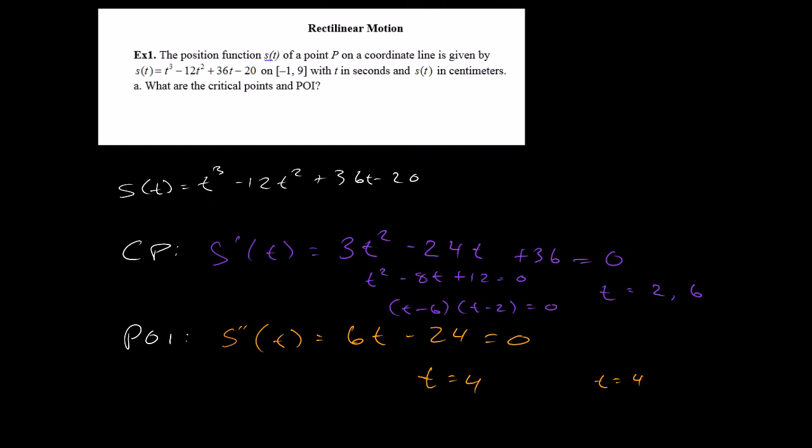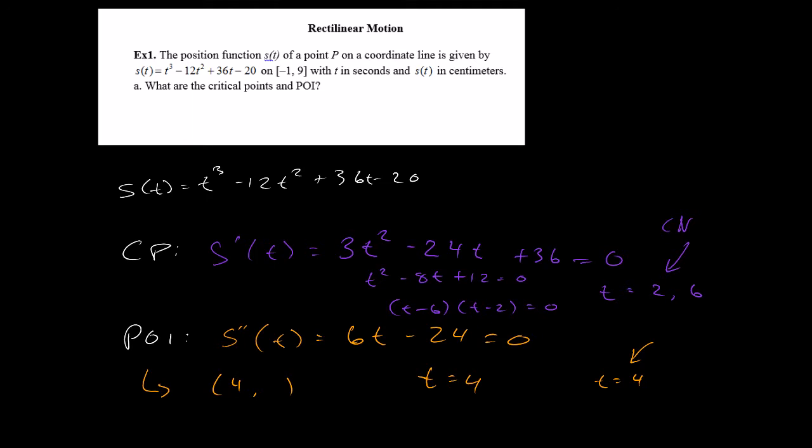So 2 and 6 are going to be our critical numbers, and 4 is going to be our number of inflection. So now we need to find the point. We take that value and plug it back into the original. To find our point of inflection, we're going to take 4 and plug that back in, pull out your calculator.